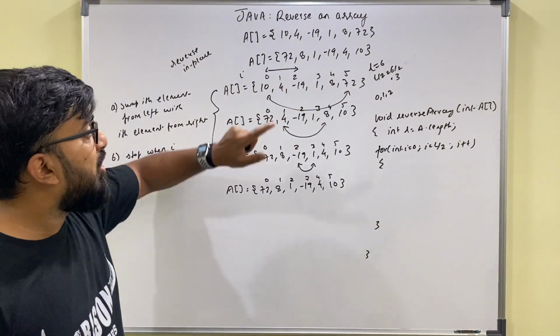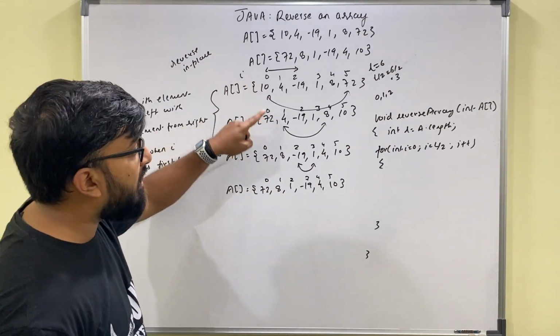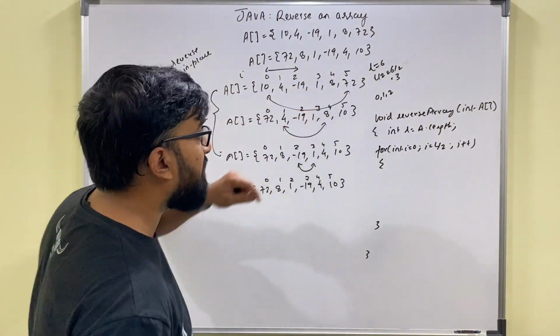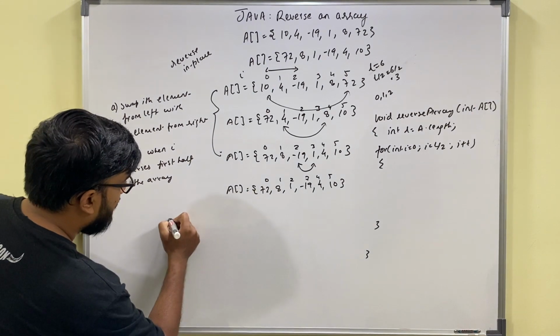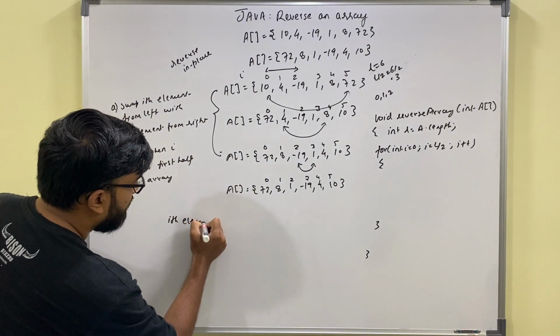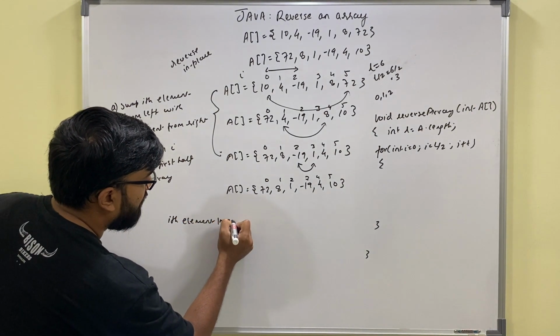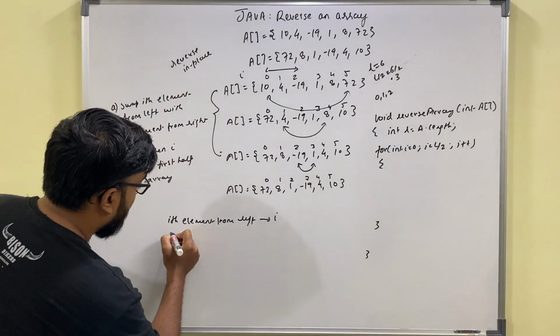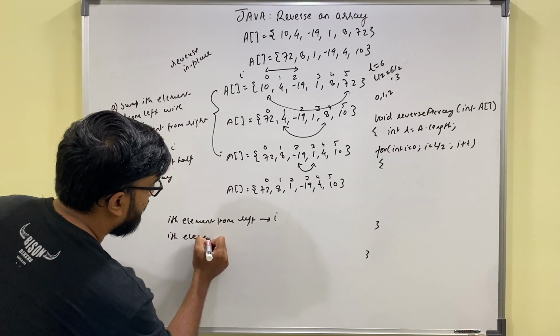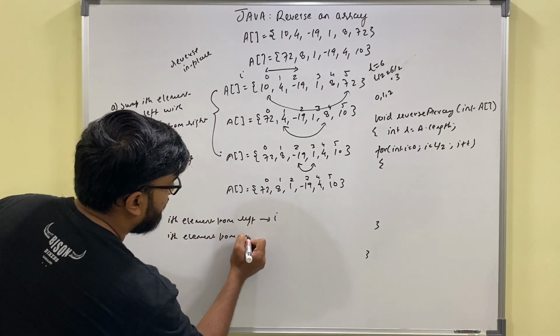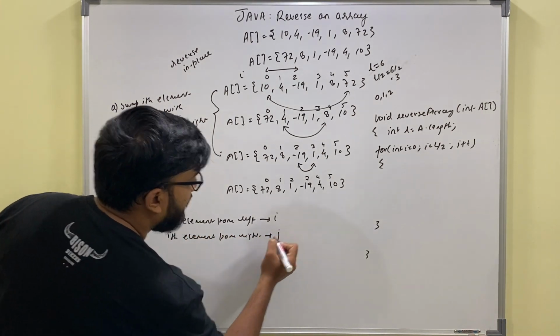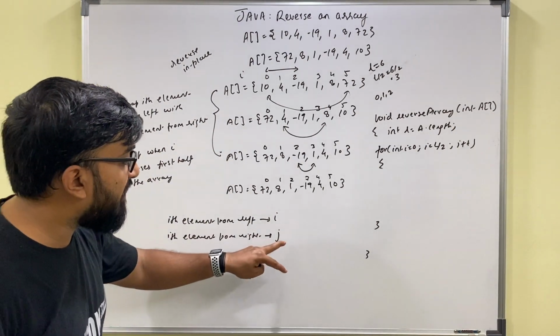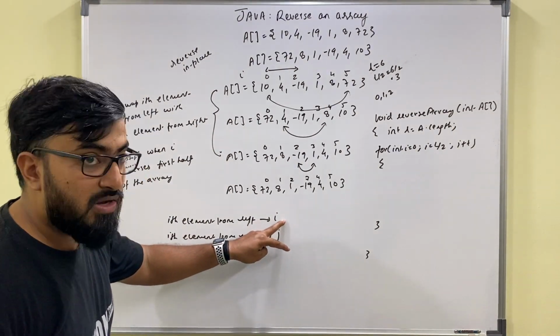from right. So for index i, how do I get the index with which I'm going to swap? If I consider the ith element from left, which will be at index i, the ith element from right, suppose it is at index j. So how do I find index j with which I am going to swap index i?